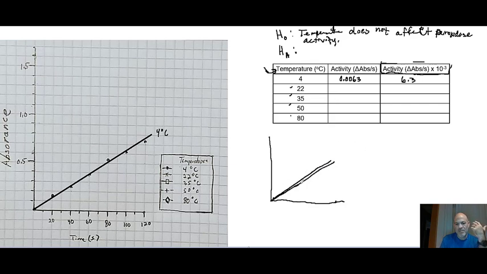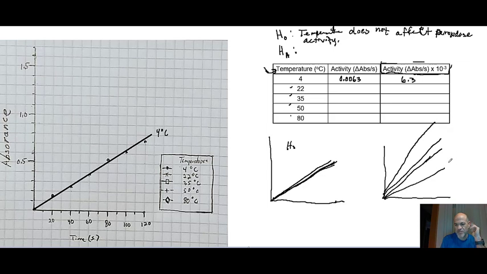We would expect all of them to have very similar slopes to where it doesn't look like there's a significant difference. That would be what the null hypothesis would be like. The alternate hypothesis would be that at different temperatures we're going to get different slopes. Remember, this is going to be for the same amount of enzyme and the same amount of substrate. You're going to get different slopes. So this might be at 4 degrees Celsius, then the 22. So this would be what the alternate hypothesis would be like.